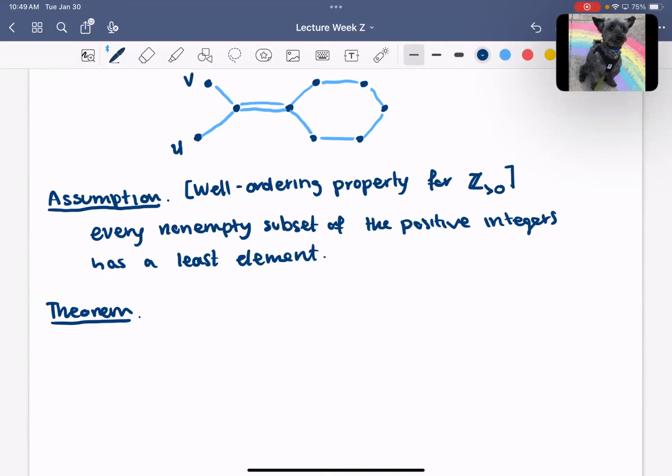The theorem says, and this is called the strong principle of induction, let P of n be a statement with an integer parameter.